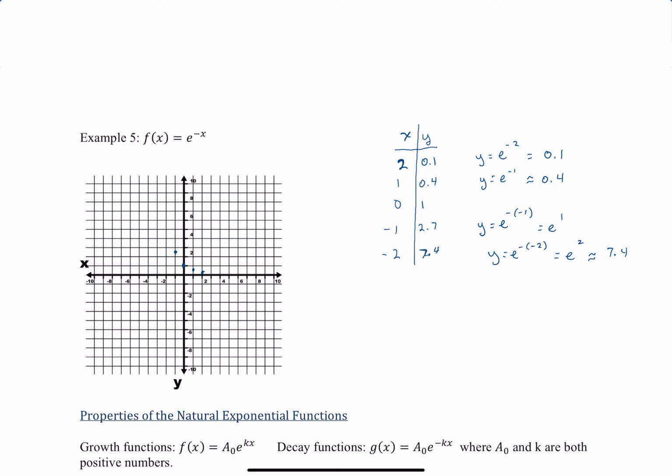And then we have -2 and 7.4. That's going to be roughly there. Okay. And if we connect the dots, we get the typical exponential graph shape, but going downhill.